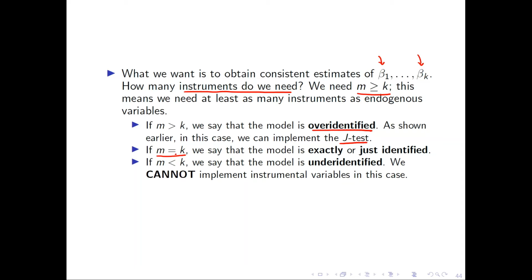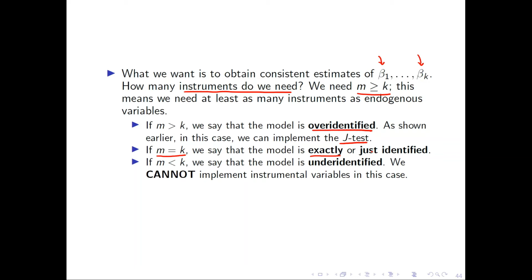If we have just as many instrumental variables as we have endogenous variables, then we say that the model is exactly identified, or just identified. In this case, we can continue with our instrumental variable regression, but we cannot perform the J-test.